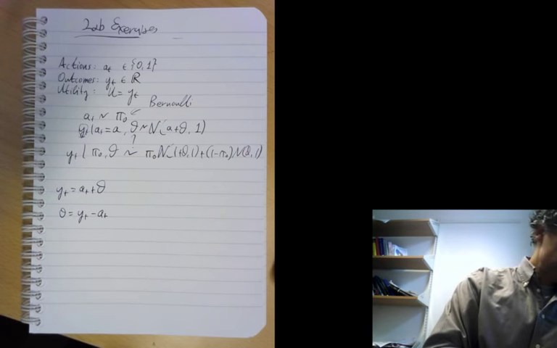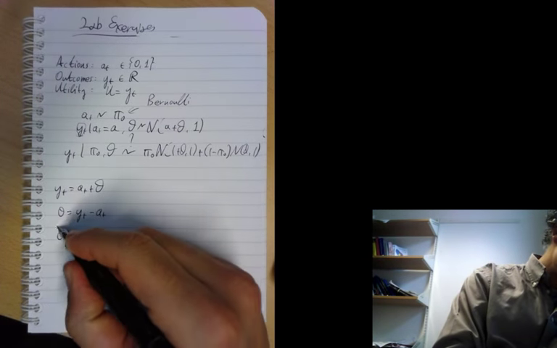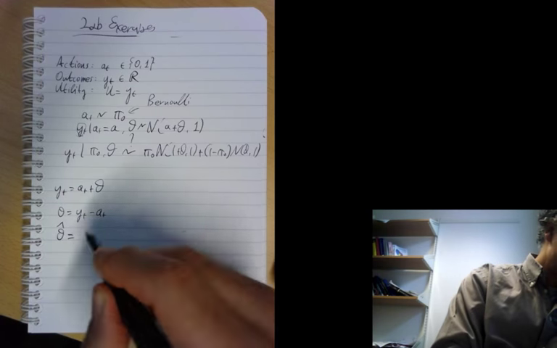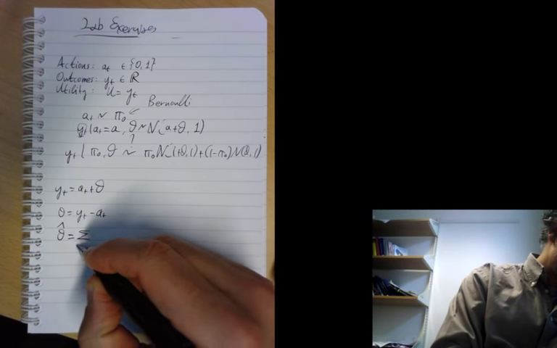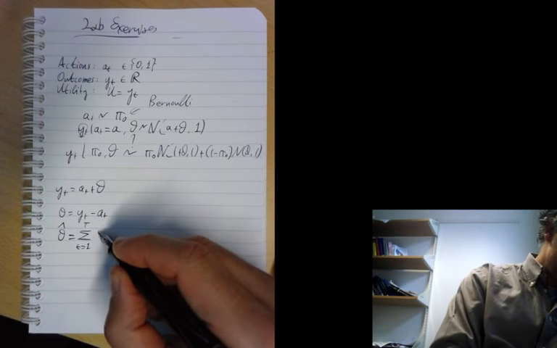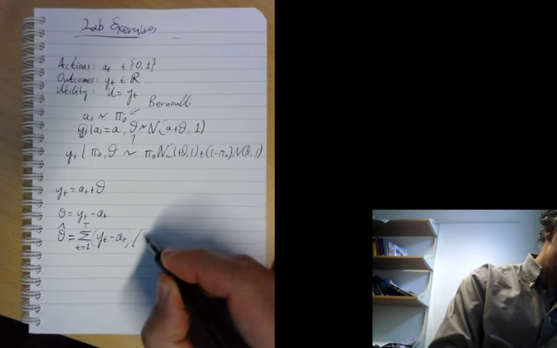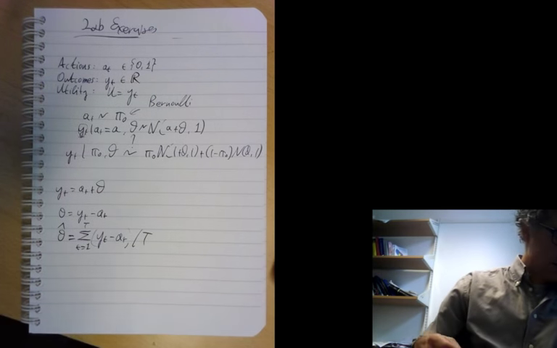Okay, so in this simple scenario we can basically have an estimate of theta which is just the average of y_t minus a_t.